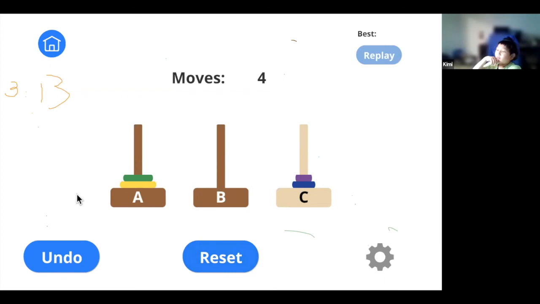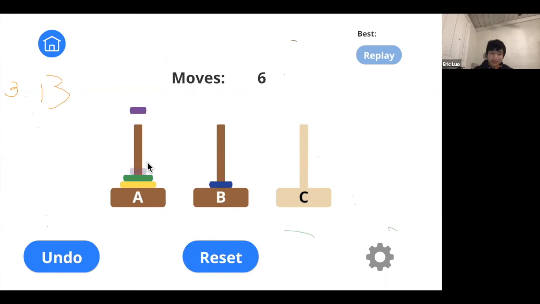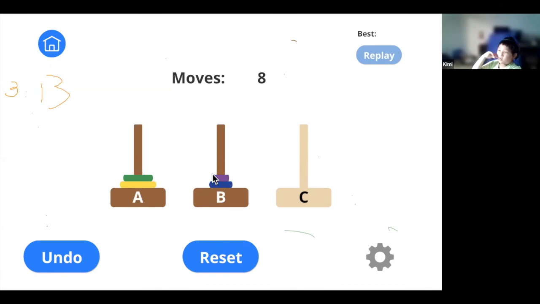Wait, no, never mind. Purple to A. C to B. Purple to A. Wait, purple to B. Wait, purple to A, then to B. Yeah. There you go. Green to C.